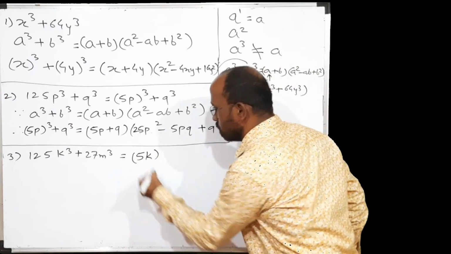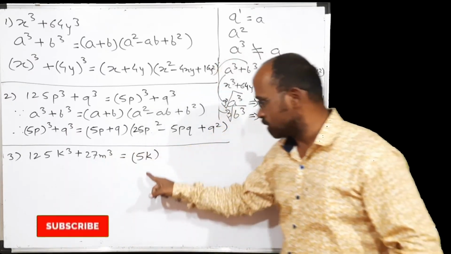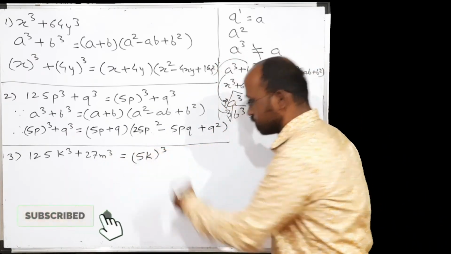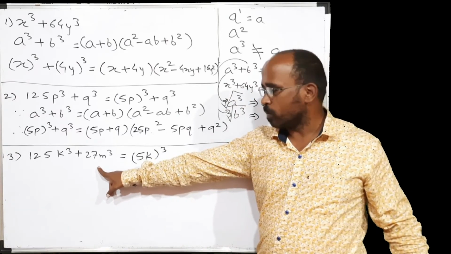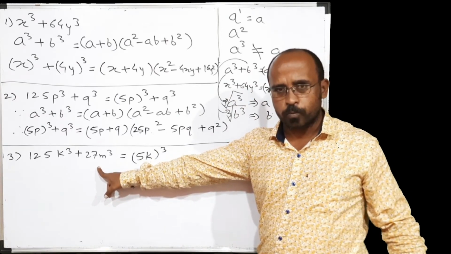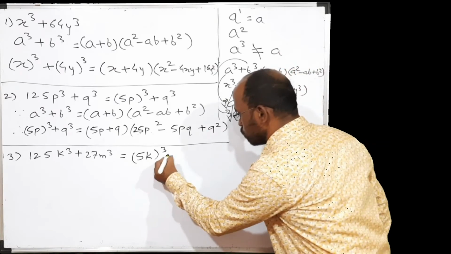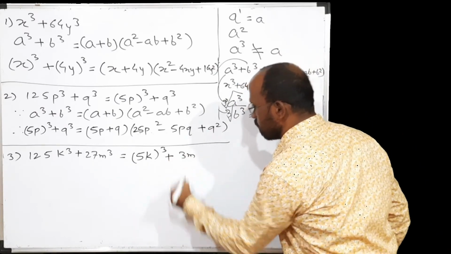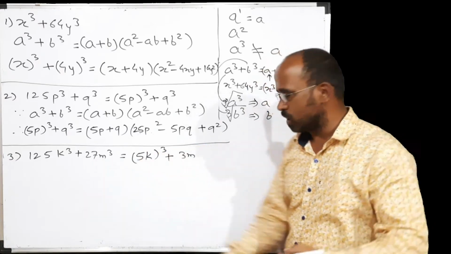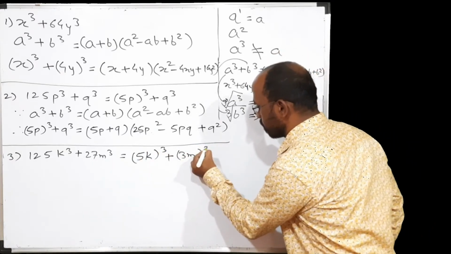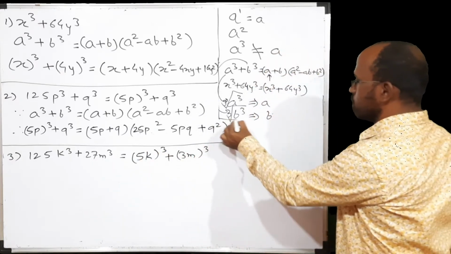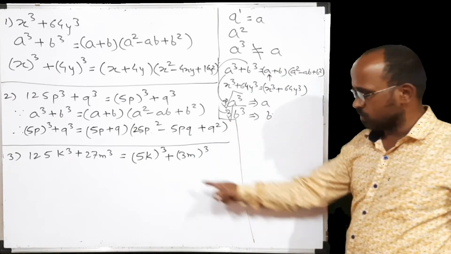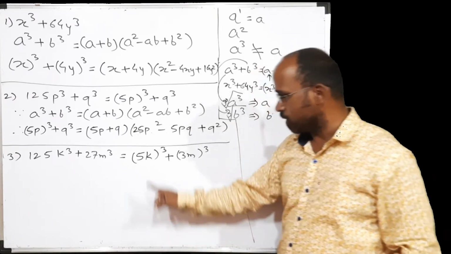So this first term 125k cube is nothing but the cube of 5k. Find out the cube root of the second. The cube root of 27 is 3. So the cube root of 27m cube is 3m. And this 27m cube is nothing but the cube of 3m. Students, you can verify in the rough section or let it be.